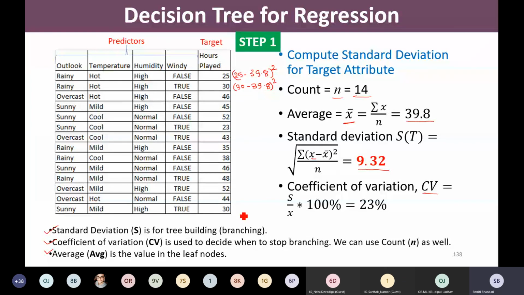So similarly for all the samples, we are going to compute this, and we'll be having the summation of this squared term. And then we are going to divide it by n. N is the number of samples, those are 14 in our case. And then we are going to find out the square root. So ultimately we get this value. So with respect to the data set, we are going to compute this standard deviation.